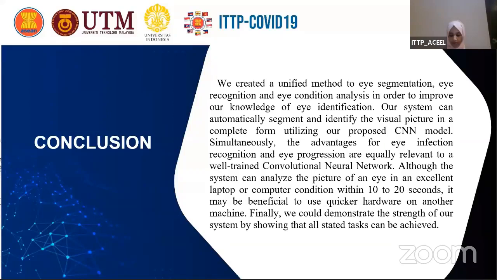So the timing depends on the device itself. If it is in good condition, it is going to do it fast. So it may be beneficial to use quicker hardware or another machine. As I told you before, it depends on the hardware that we are going to use.